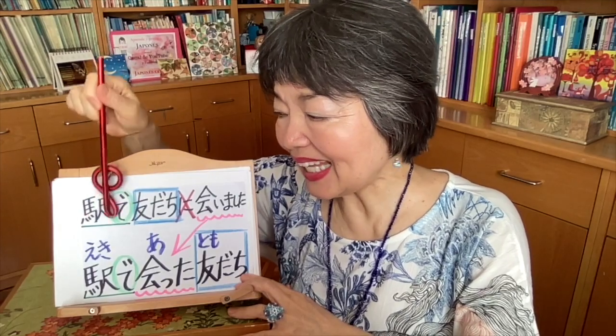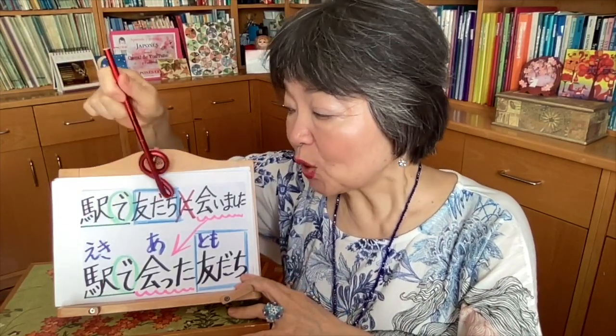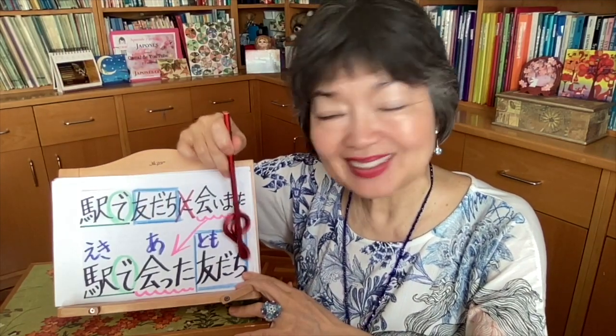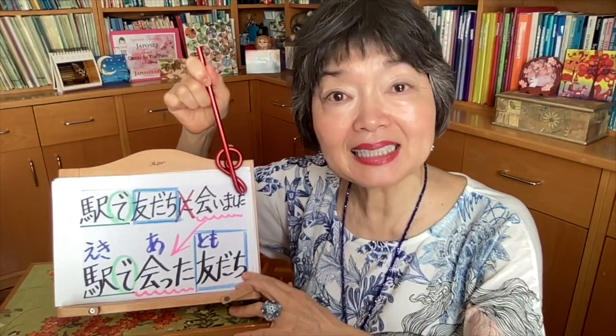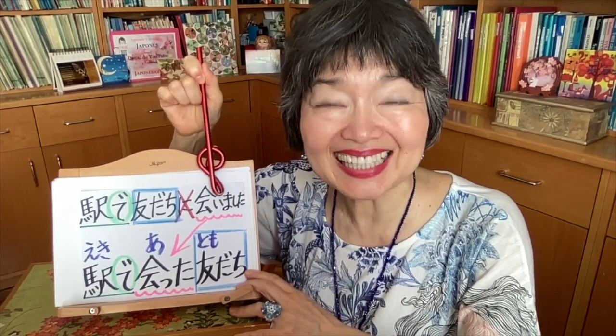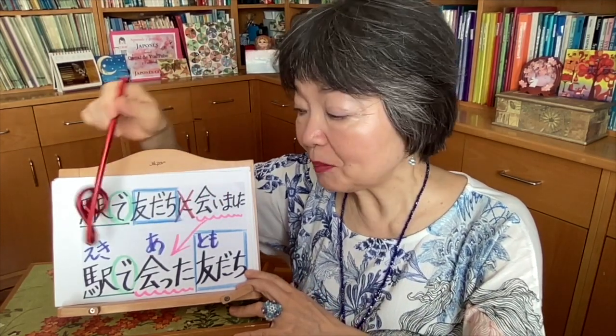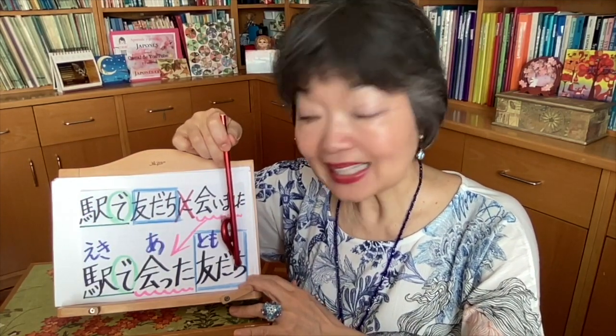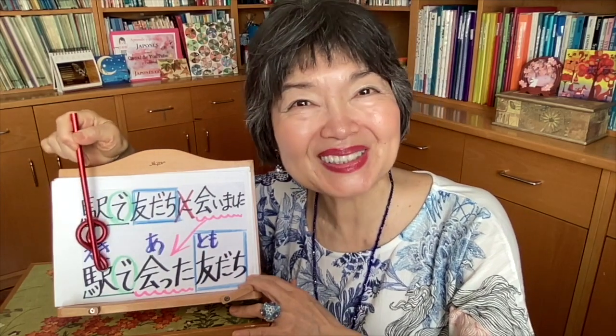So 駅で the same here. 友達, this word must be at the end. 友達 and 会いました, you must change to plain form. This is the past tense. So 会った. It means 駅で会った友達, the friend that I met at the station.